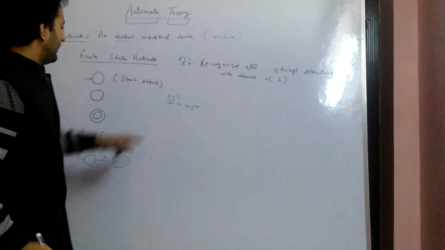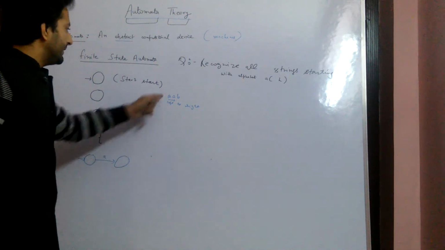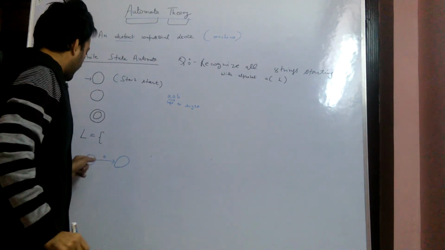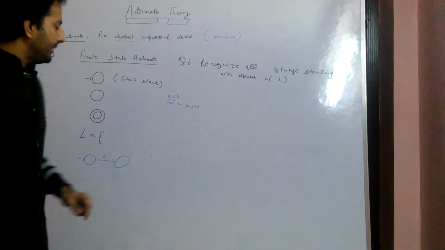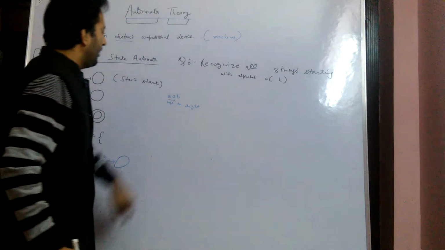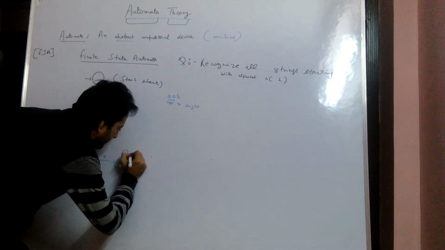So the leftmost alphabet is A, the first one that we encounter. And after that we know that we can have any alphabet, either A or B. So we don't need to change any state now.